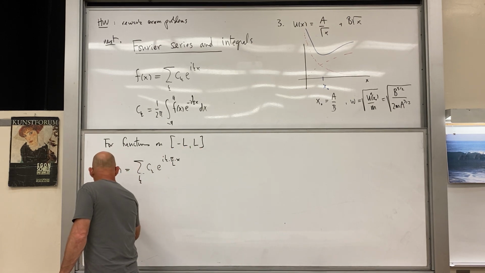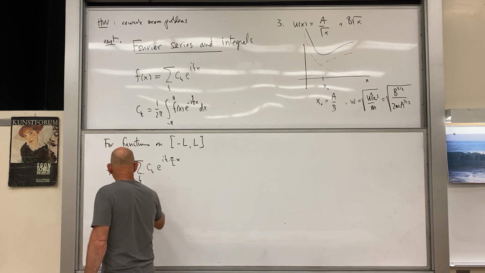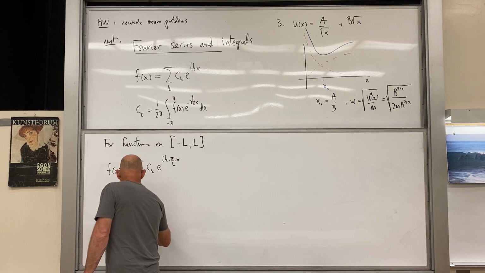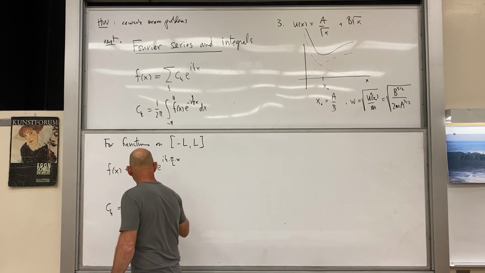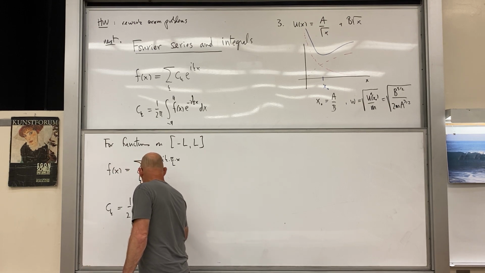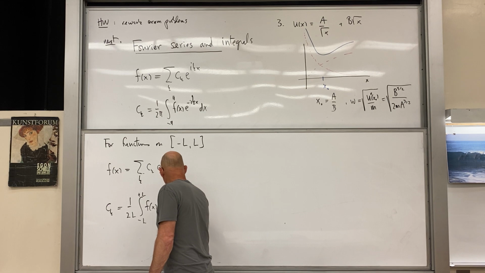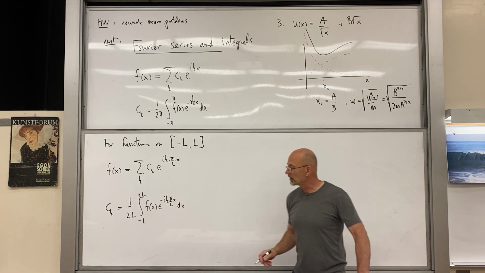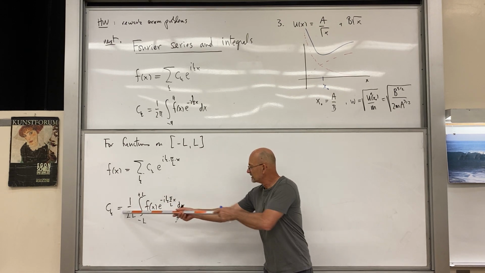And here our c sub k is equal to 1 over 2L, integral from minus L to plus L, f of x e to the minus i k pi over L x dx. And it's still labeled by the k there.